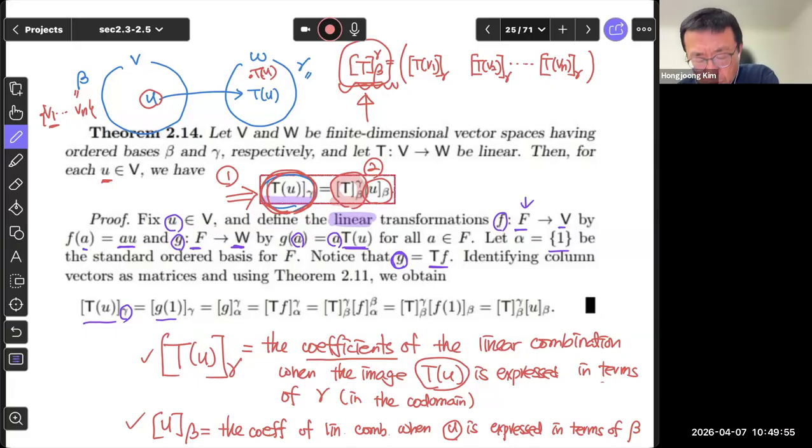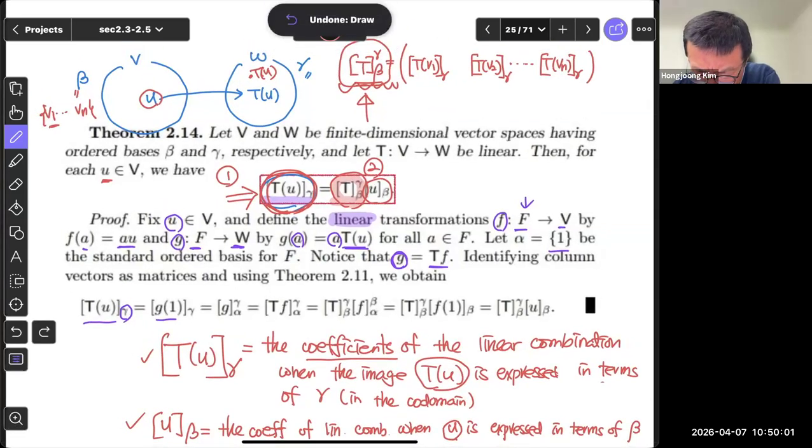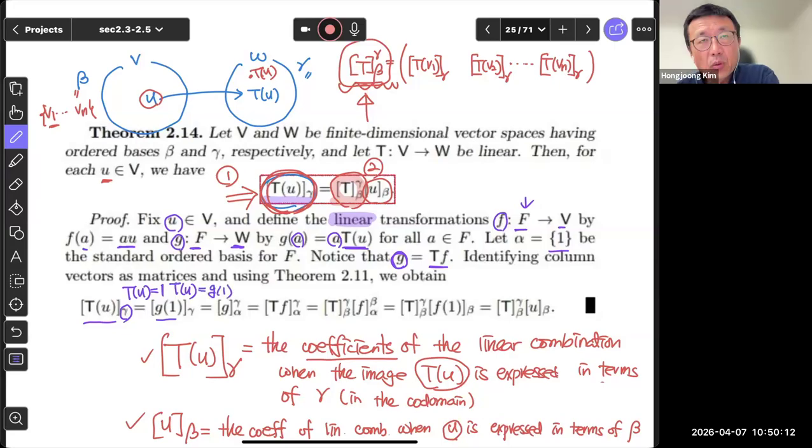So T of u is 1 times T of u. So that is the image of 1 under mapping G. So we have this.